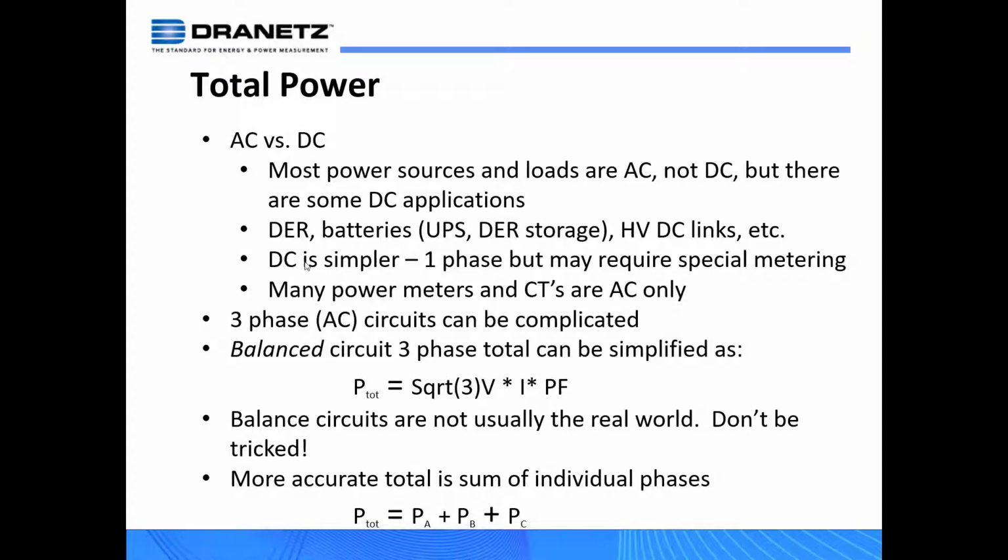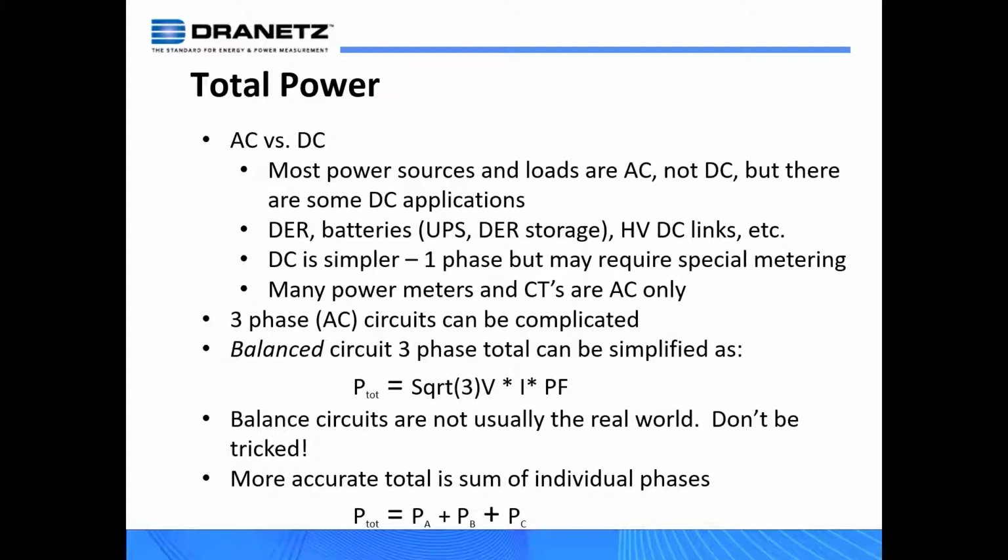Of course, DC is simpler. It's direct current, only one phase, so you're just monitoring a voltage and measuring the current of that feed or bus. But note that it may require special metering, because most power meters are assumed to be monitoring AC. You have to check not only that they're DC capable, but that if you want to monitor current, the CTs or current probes are also DC capable.